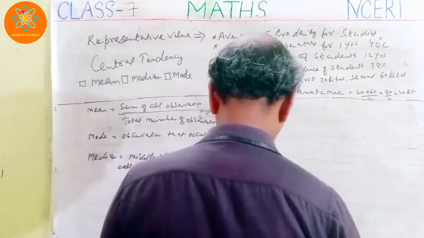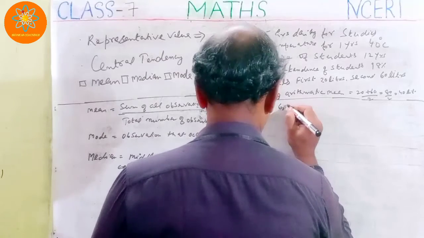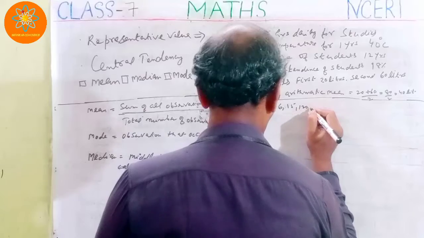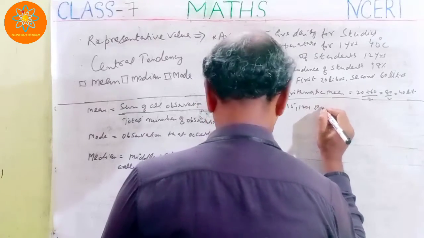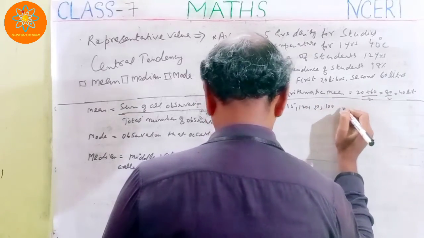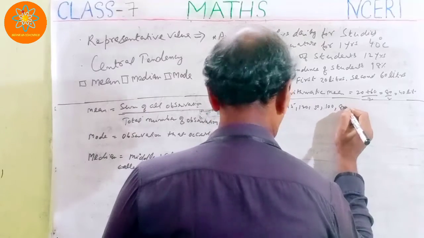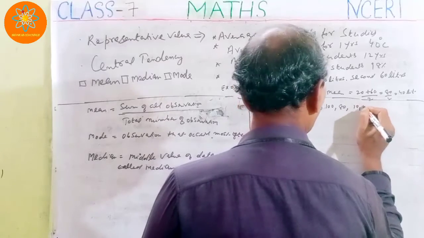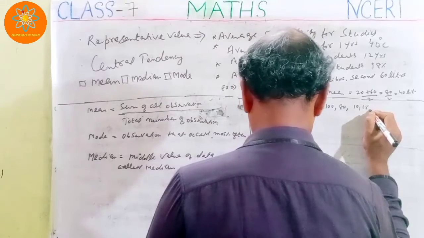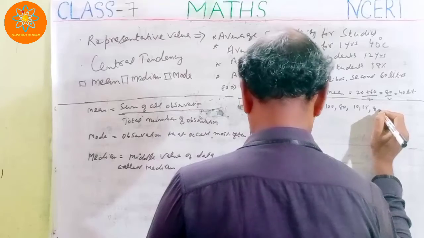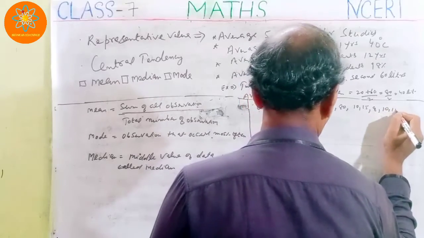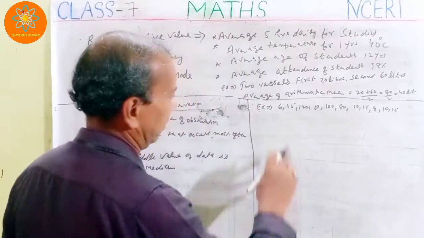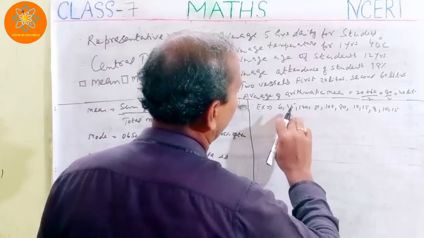So data are 6, 15, 120, 50, 100, 80, then 10, 15, 8, 10 and 15. How many observations are there? 11. 11 observations are there.